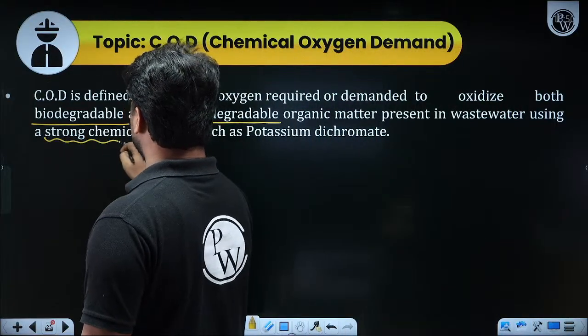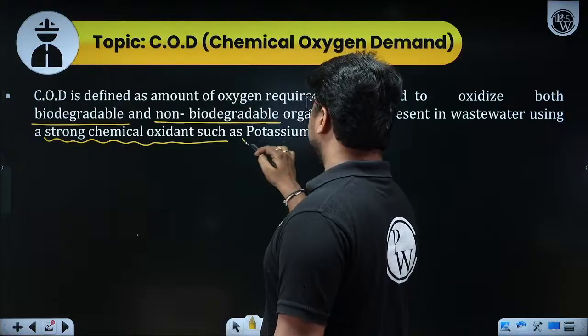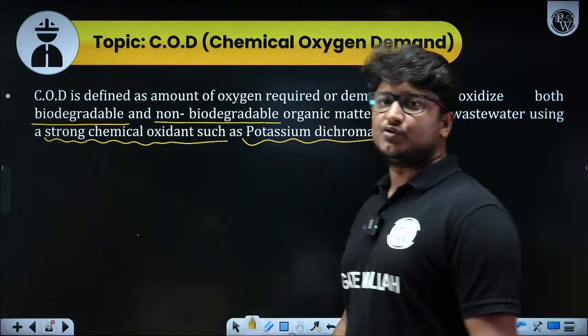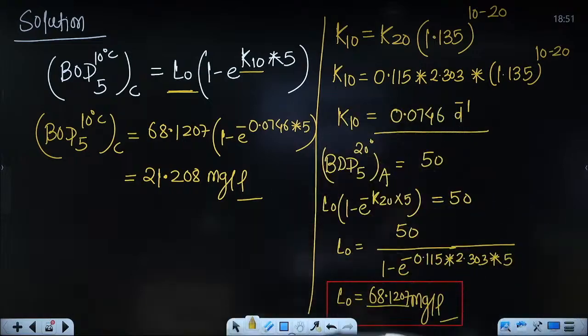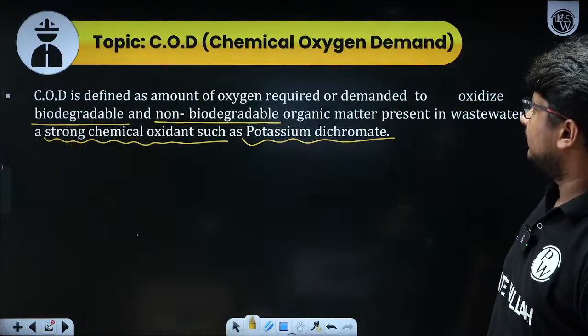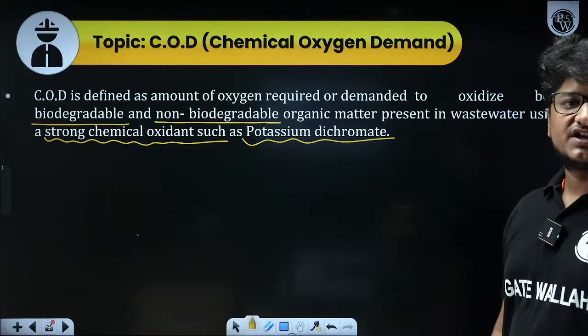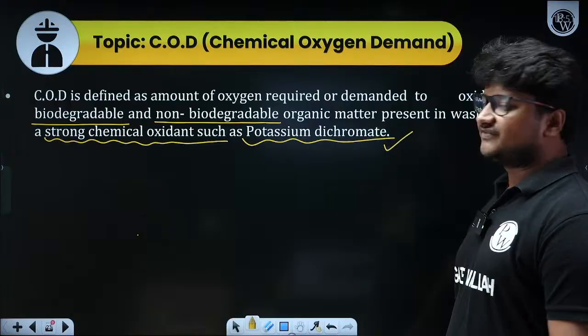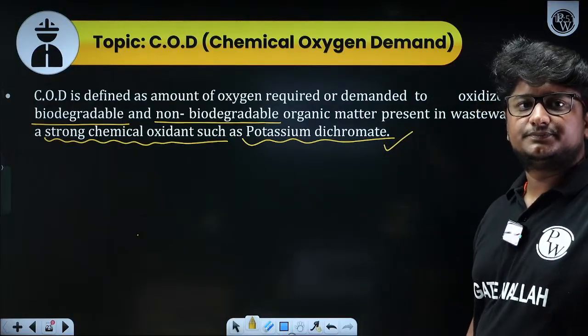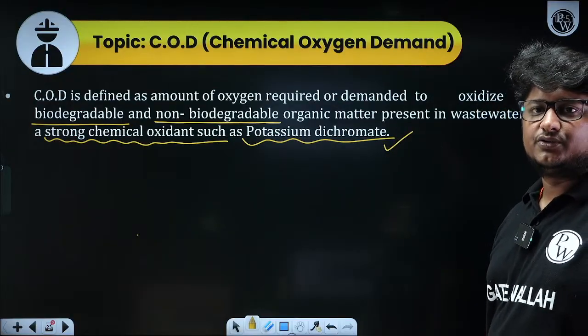We are using a strong chemical oxidant such as potassium dichromate, K2Cr2O7. Is that clear?